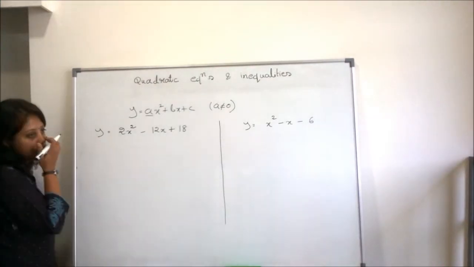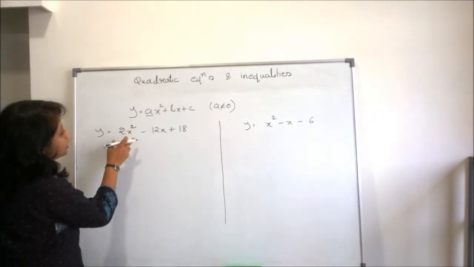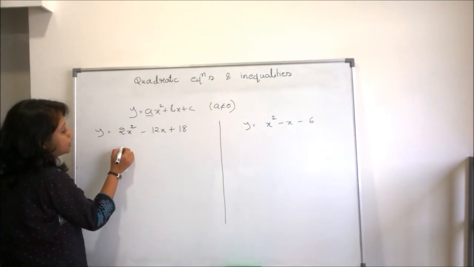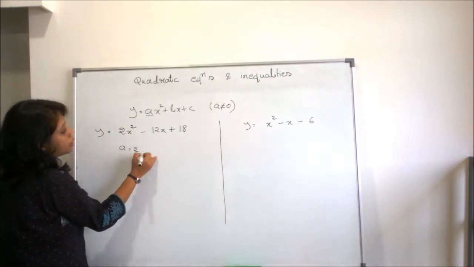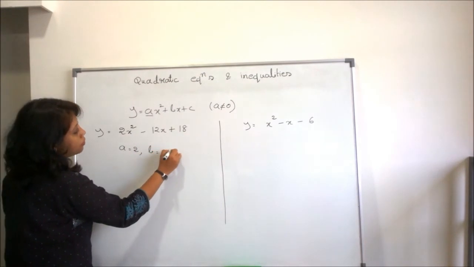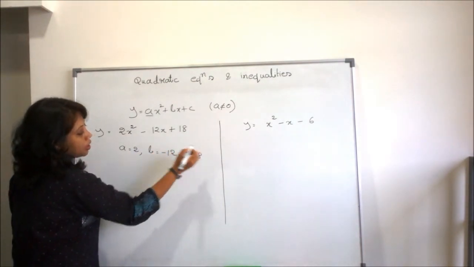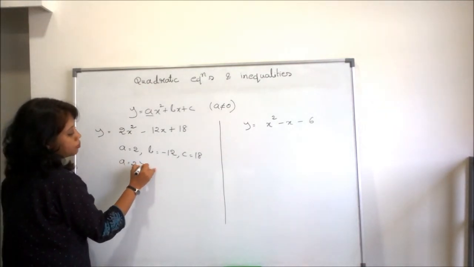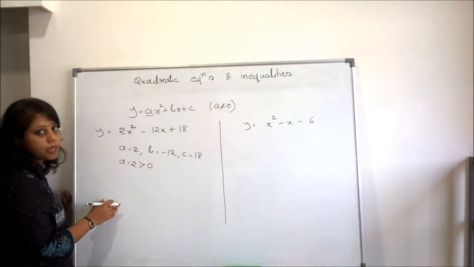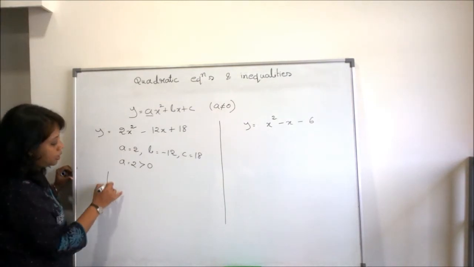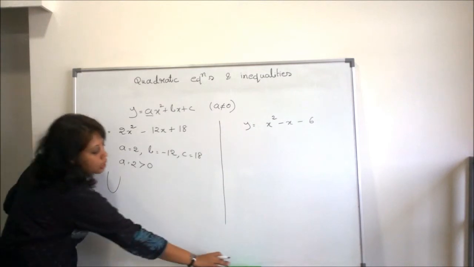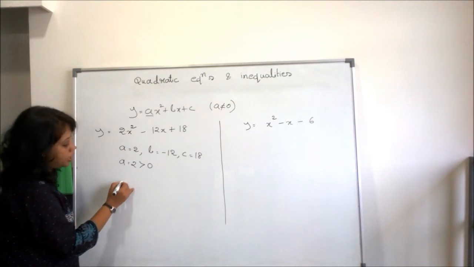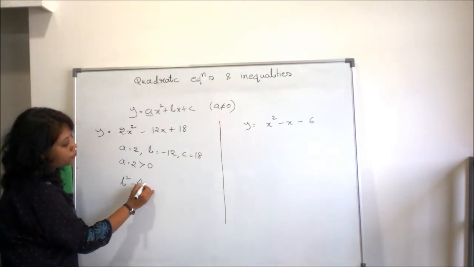Here you see that if we compare this with the general equation of a quadratic function, a is 2, b is minus 12, and c is 18. First of all, a is 2, which is greater than 0, so our graph will look like this. Now we will find its discriminant, b squared minus 4ac.